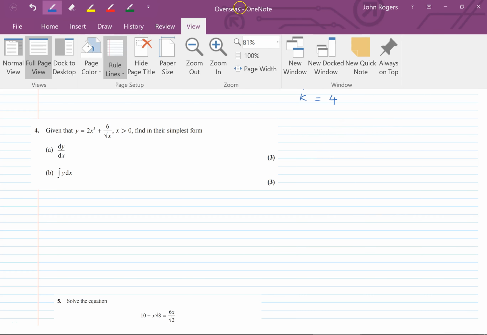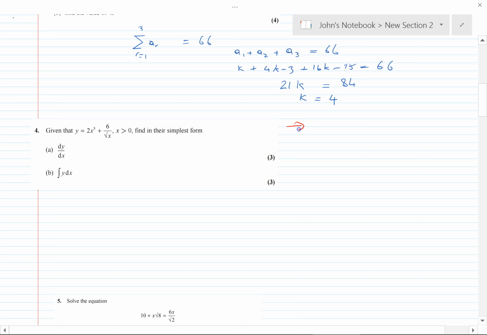I might do it over here in a different colour. Just writing it in a different way, not differentiating at this stage. That's just 6x to the half, which is y equals 2x to the 5 plus 6x to the minus half.